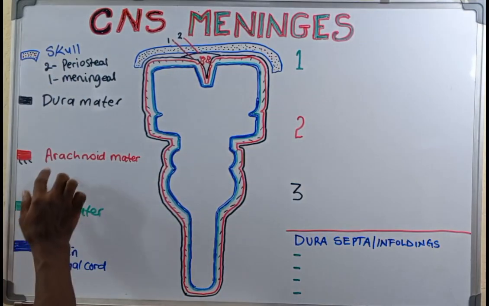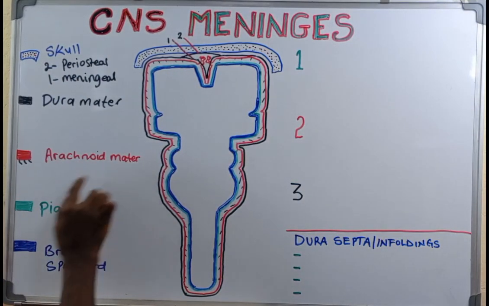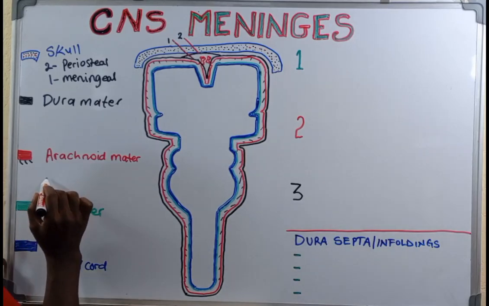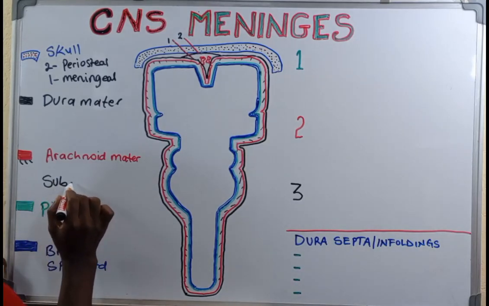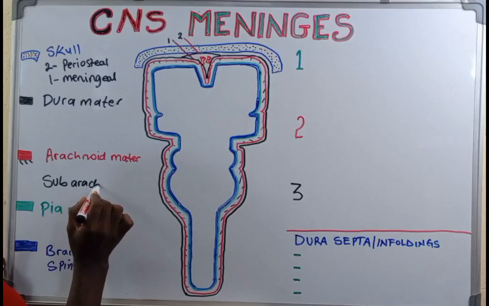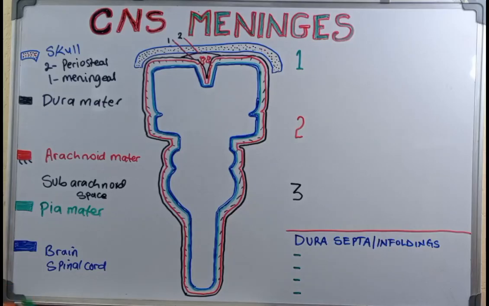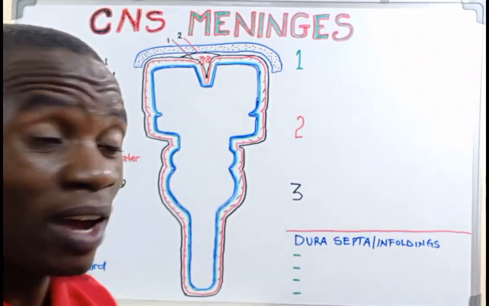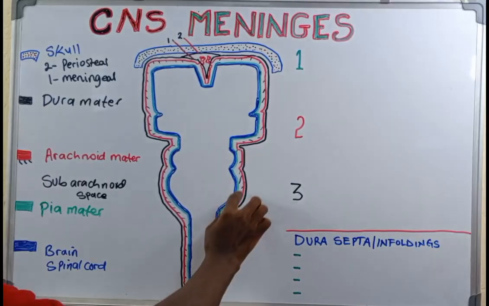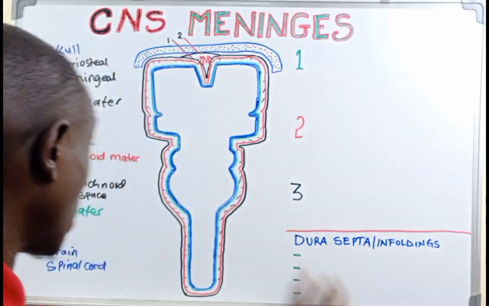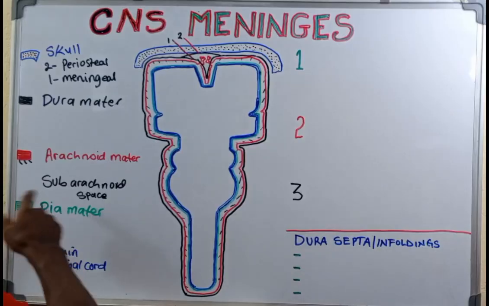Within this subarachnoid space we have the cerebrospinal fluid running, the finger-like projections which we call trabeculae, and even some blood vessels running.